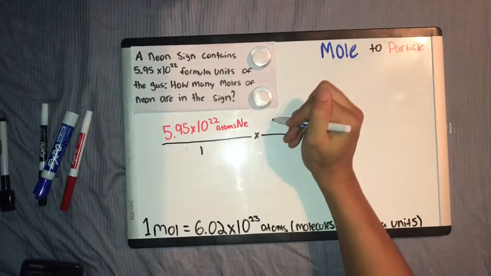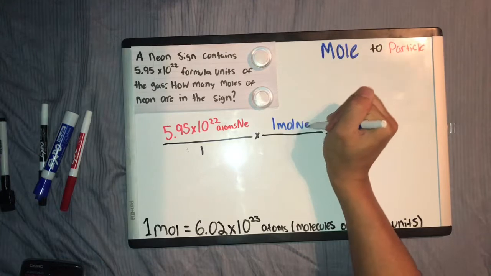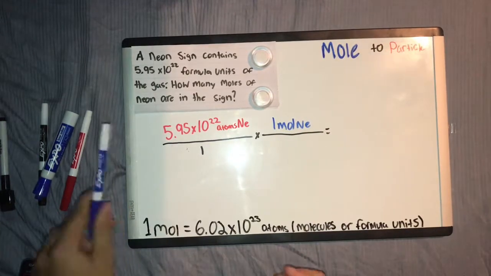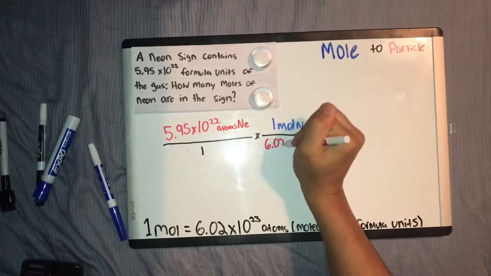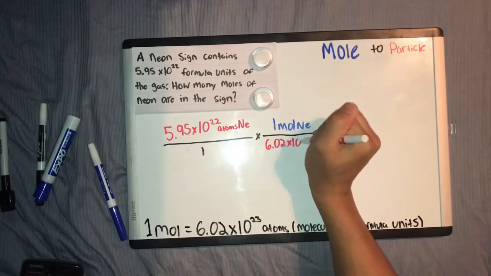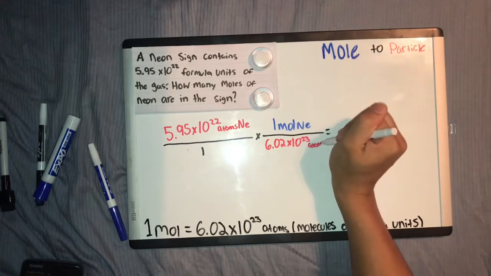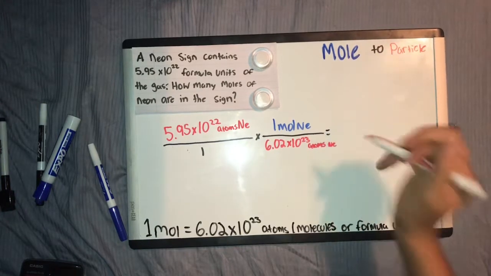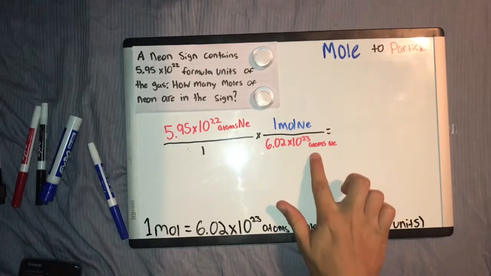So we would put in 1 mole of neon, there are 6.02 times 10 to the 23rd atoms of neon. Sorry if you can't read that, but that's just atoms of neon.